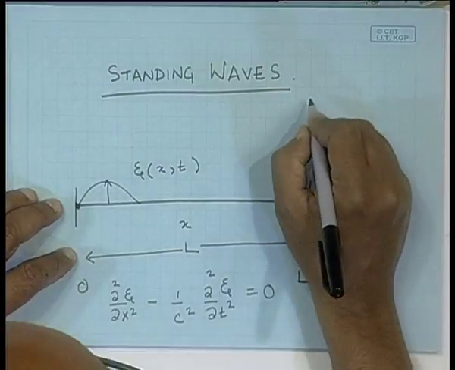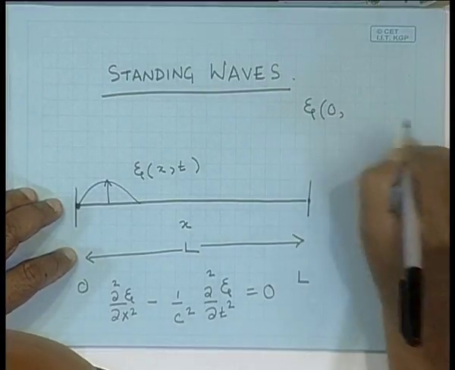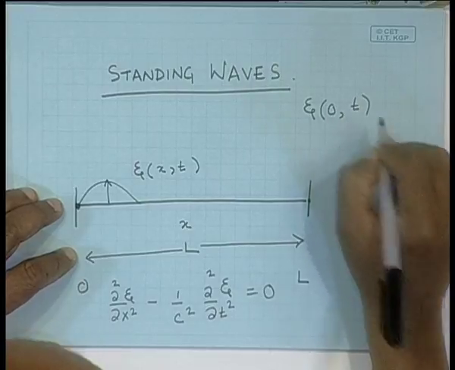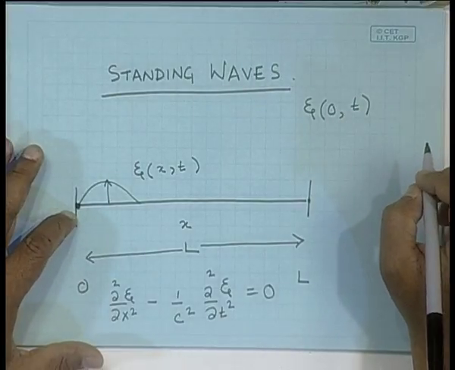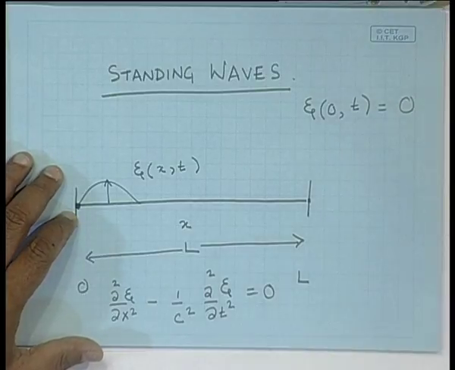Here in this particular problem we have to impose the boundary conditions. So, the boundary conditions here are the fact that xi is 0 at the two endpoints. So, at all time instants xi is 0 at this point where the string is attached. This point does not get disturbed.